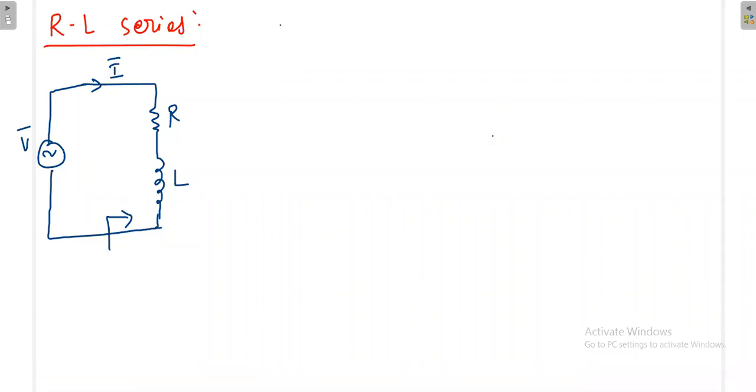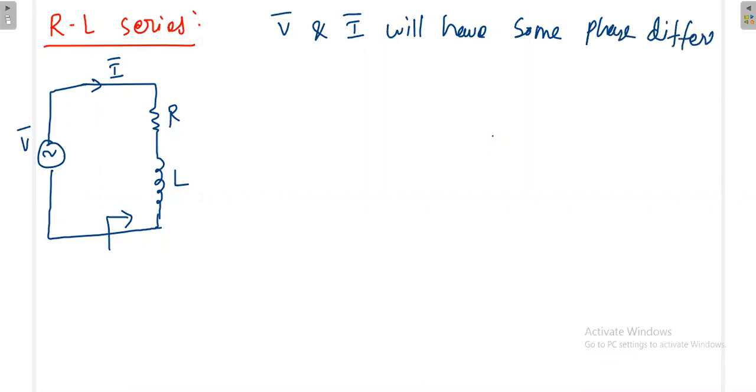First, V and I will have some phase difference. Not necessarily 90 degrees, because if it is purely inductive or capacitive, then that is 90 degrees. If it is not, V and I will have some phase difference in between 0 to 90 degrees.